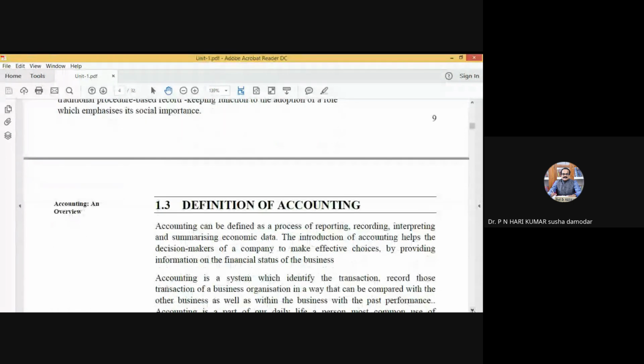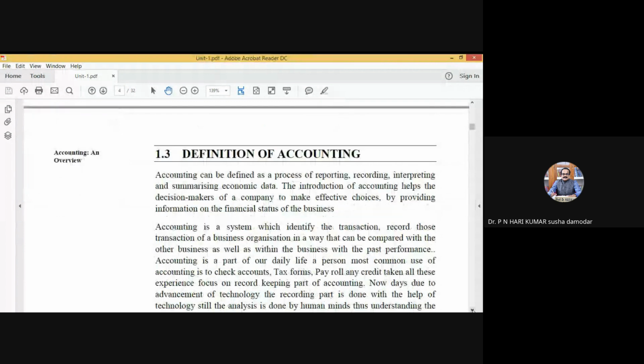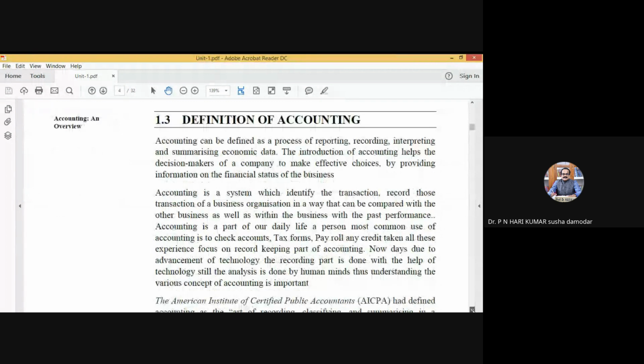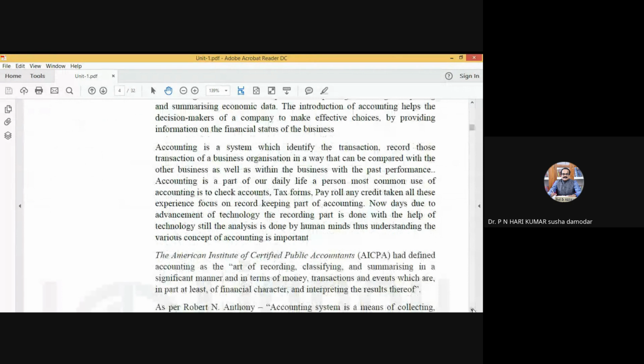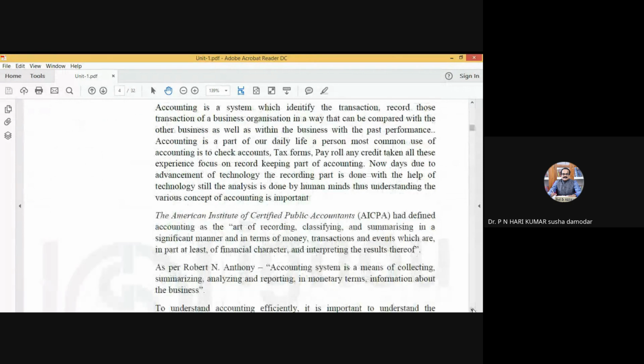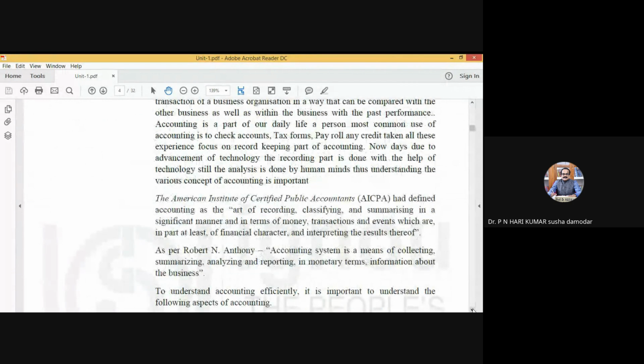I have already explained the definition of accounting. Then the American Institute of Certified Public Accountants clearly defined the term accounting. I have already explained two definitions. Such definitions are very important.